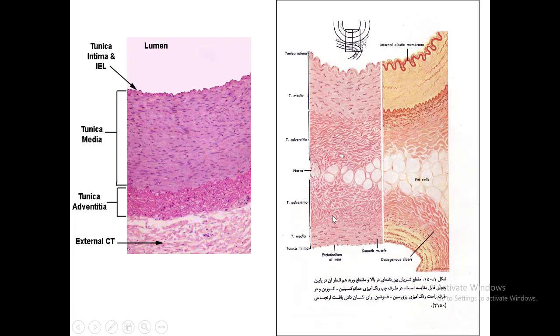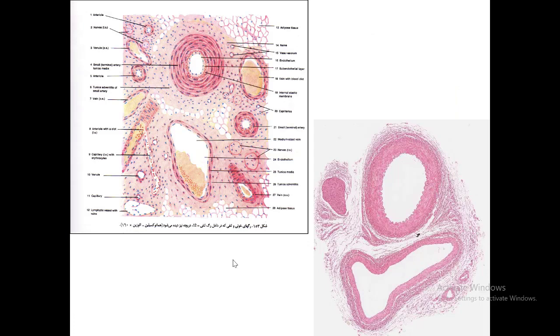And compare the artery at the up and the vein at the down. In comparing artery and vein with the same size, the wall of the artery is thicker than the vein. And also, I told you before that the lumen of the veins usually is irregular and in the artery is regular.